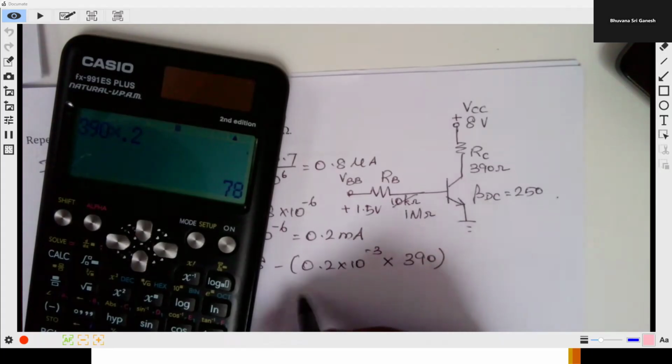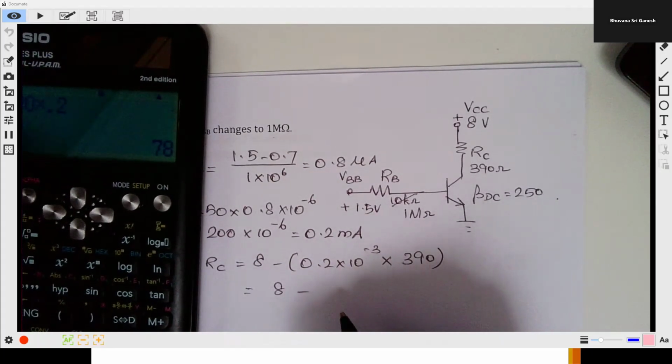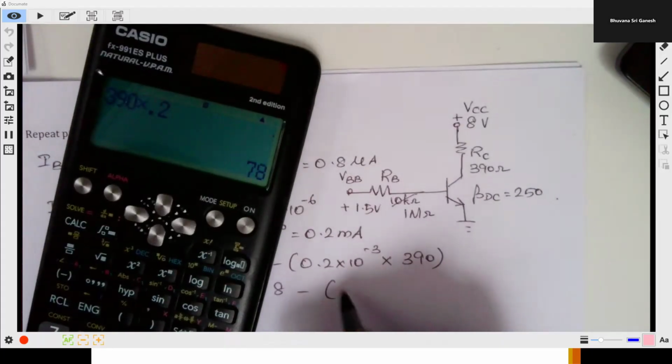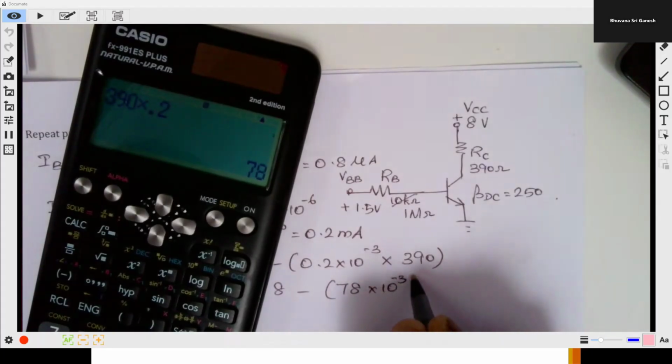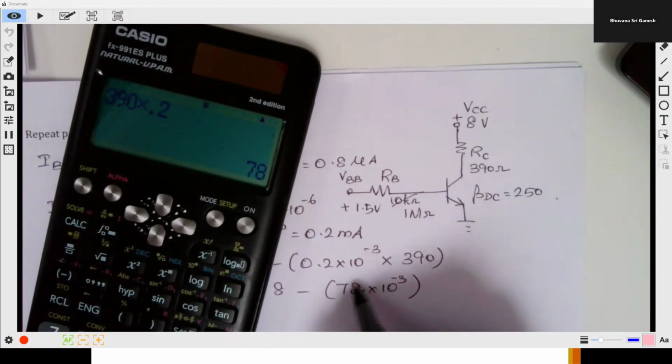So this is 8 minus 78 times 10 power negative 3, equals what? 0.078, right? The point is here, 1, 2, 3 places.